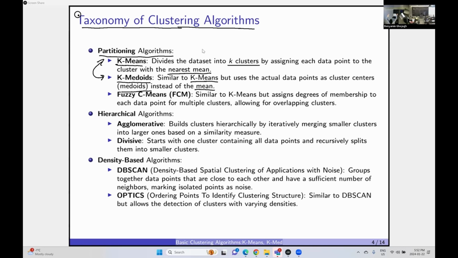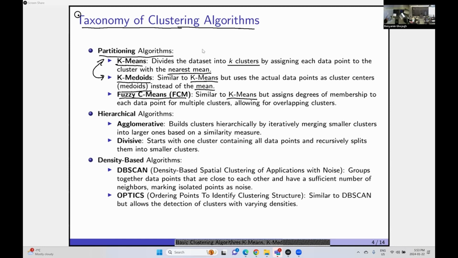Here, I'm just reviewing the taxonomy. We have fuzzy C-means. Fuzzy C-means is similar to K-means, but it uses fuzzy logic. Do you remember? I talked about fuzzy logic a few sessions ago. But let me tell you the difference between K-means and fuzzy C-means. K-means basically says this data point belongs to cluster 1, that data point belongs to cluster 2. But fuzzy C-means doesn't say definitively that it belongs to this cluster.